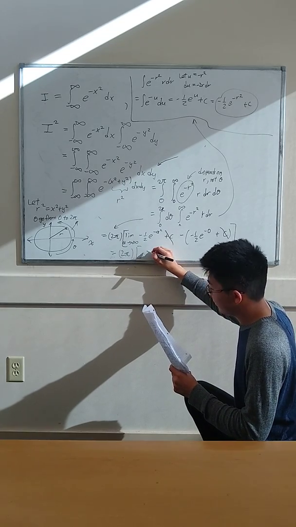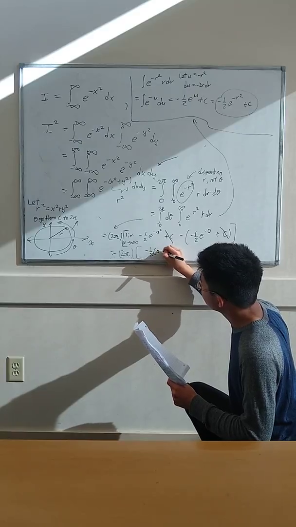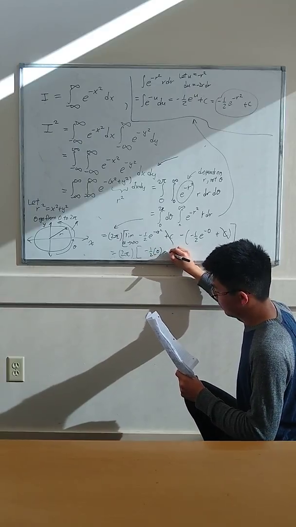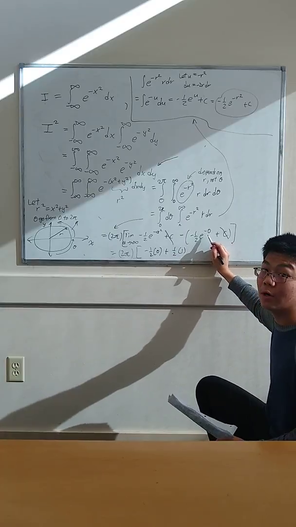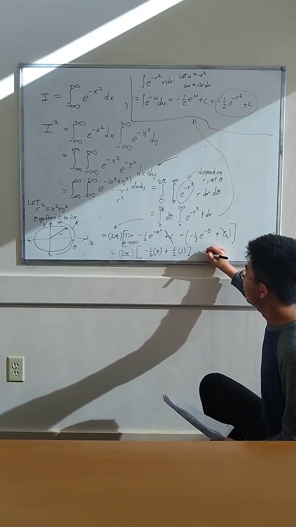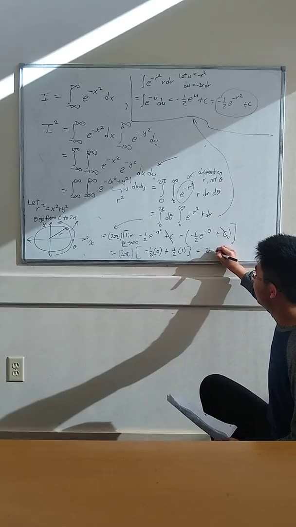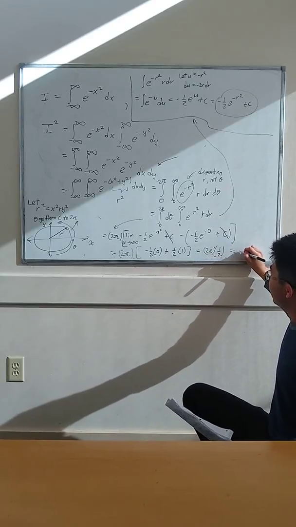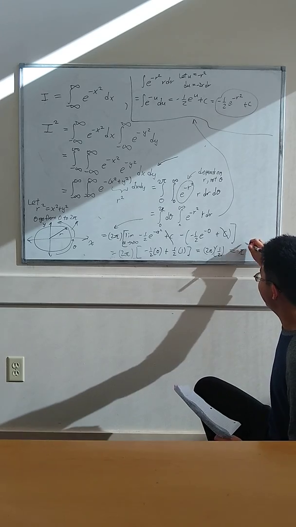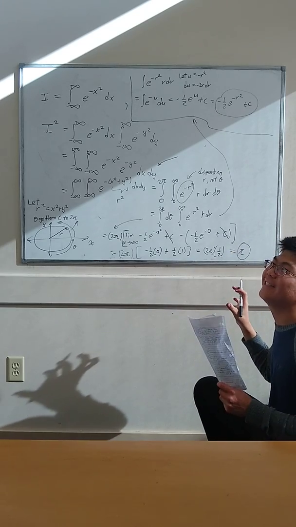So this will get to 0 times 0 plus 1/2 times e to the 0 power, which is 1. So our final answer is 2 pi times 1/2, which is equal to pi. Okay, so this is our golden answer right here.